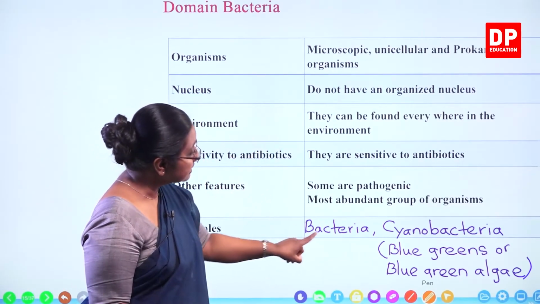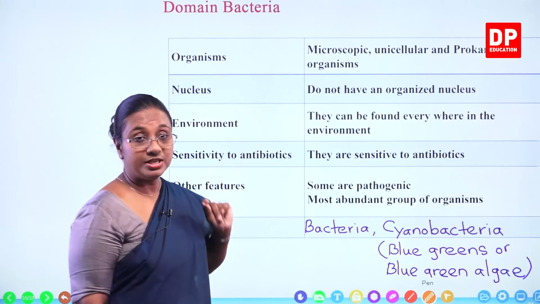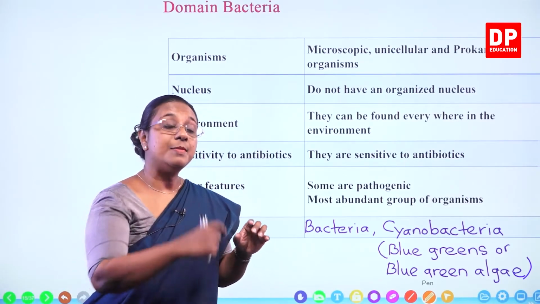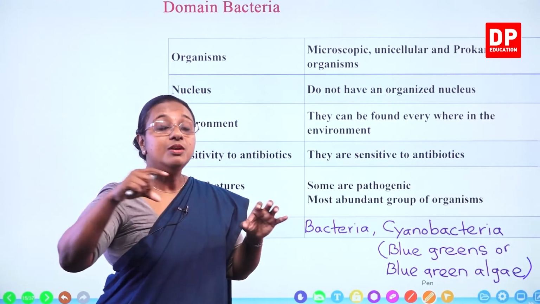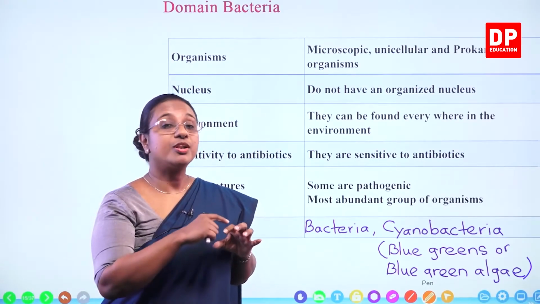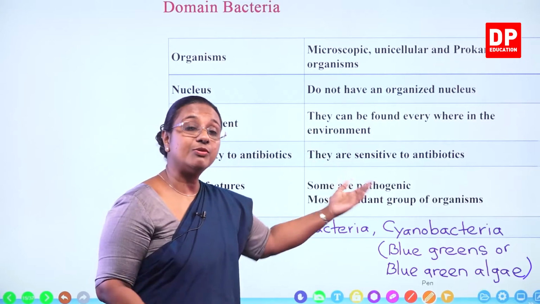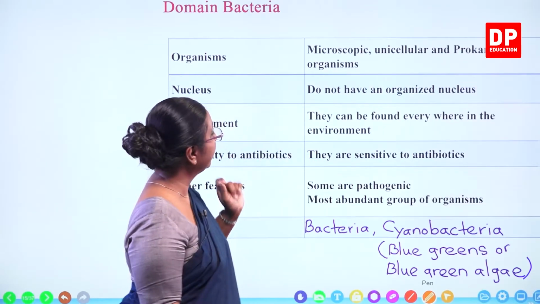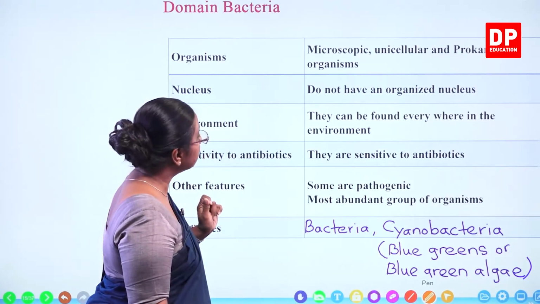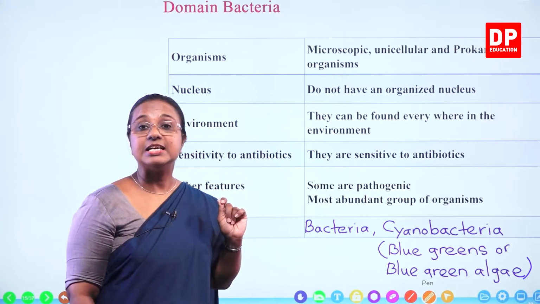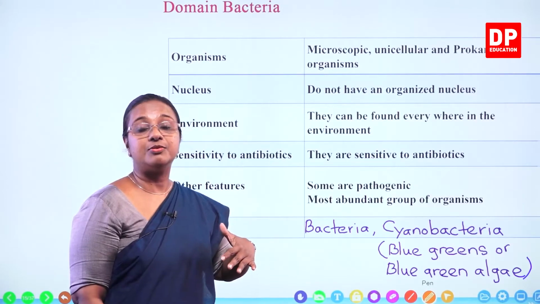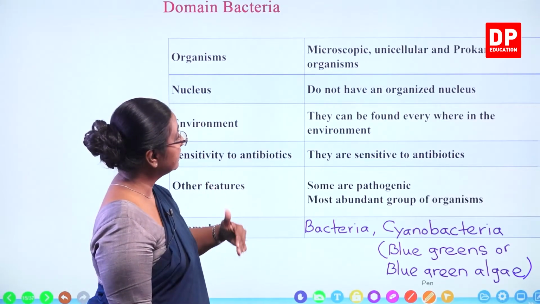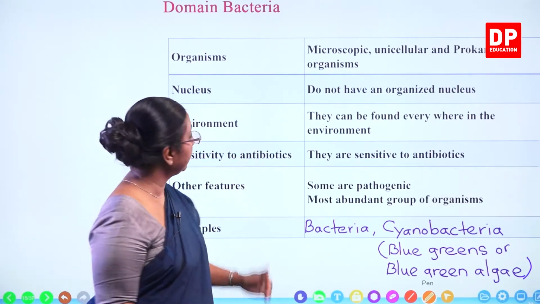So again, cyanobacteria also, they are unicellular, so one cell, but these cells can combine and form like a long strip-like structure or a ribbon-like structure. We will look at the pictures after this, then you will know. So here they do not have an organized nucleus because they are prokaryotes, or because they don't have an organized nucleus in the cell, they are prokaryotic cells.